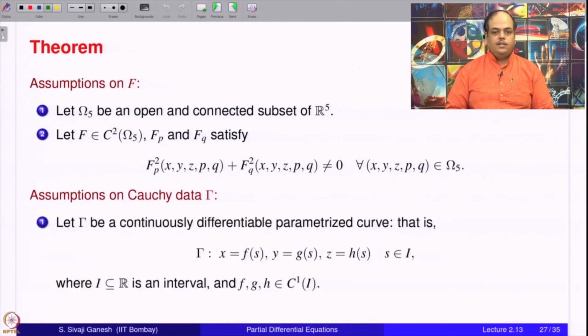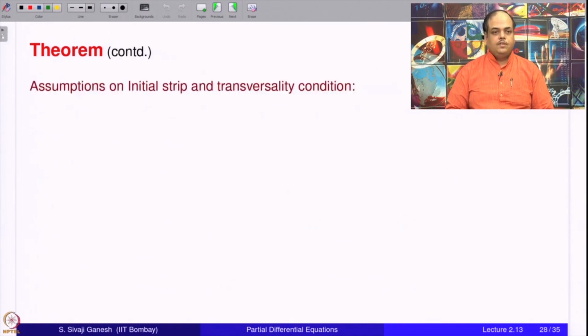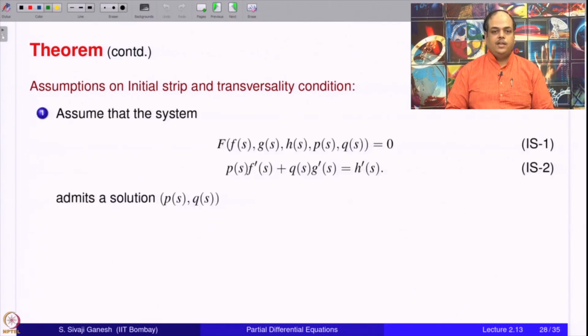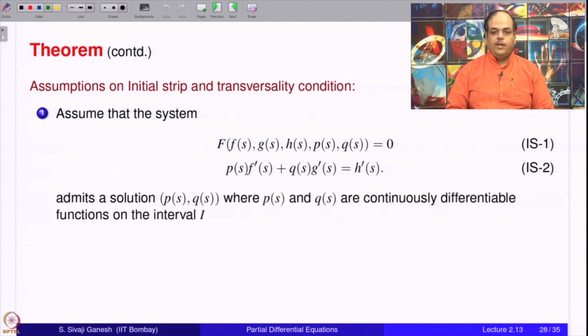Assumptions on Cauchy data: f, g, h are C1 functions, so no need of C2 functions, just C1. And assumption on initial strip and transversality condition. So, assume that this system F(s), G(s), H(s), P(s), Q(s) equal 0, P f dash plus Q g dash equal h dash admits a solution P(s), Q(s), where P(s), Q(s) are continuously differentiable functions on the interval I.